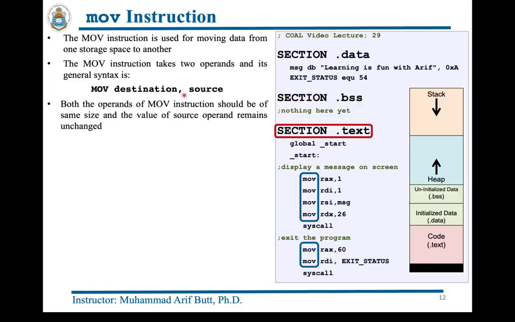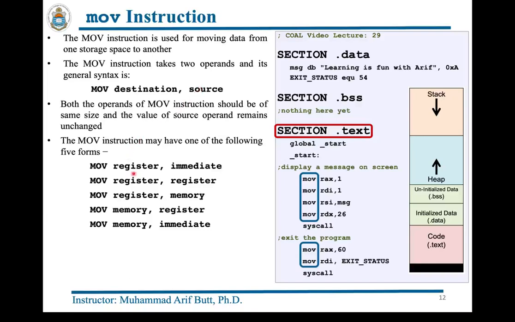And remember, both the operands of a move instruction should be of the same size. After this move instruction, the value of the source operand remains unchanged, and of course, the destination is replaced with the value inside the source operand.